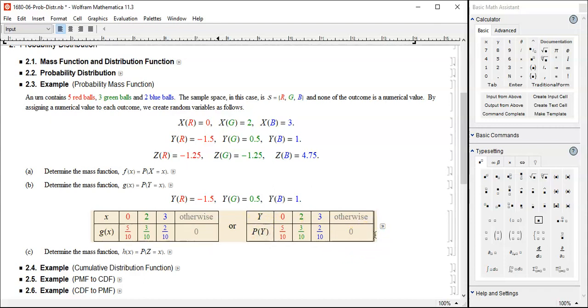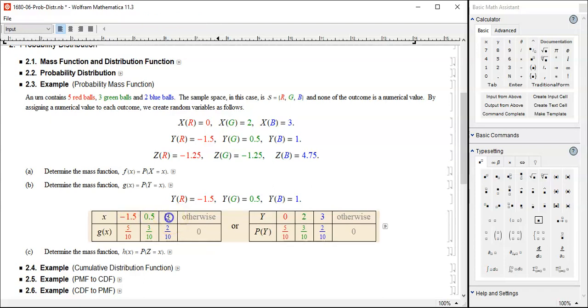And let's work out, what are the possible payoff values? For the second random variable, the possible x values are negative 1.5, 0.5, and 1. Those are the possible payoffs. Previously 0, 2, 3. Now negative 1.5, 0.5, and 1.